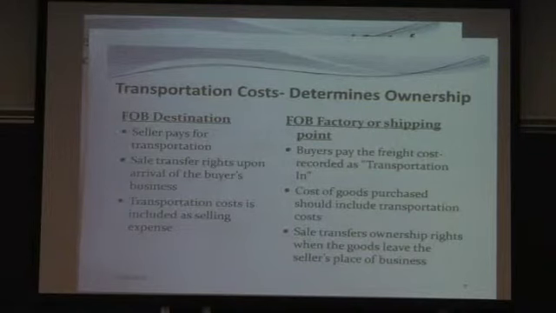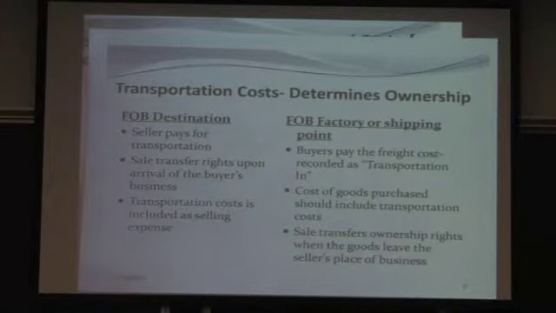So if FOB destination is the shipping term, it means that if the boat is on December 31st in the middle of the Pacific Ocean en route to the buyer, the seller cannot recognize the revenue until the goods arrive at the buyer's place of business.